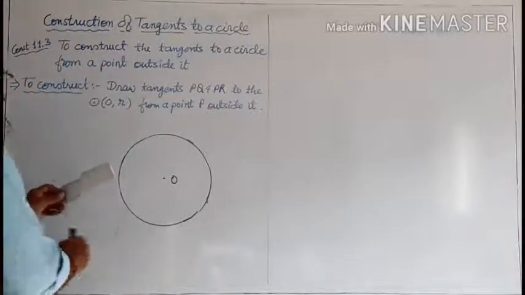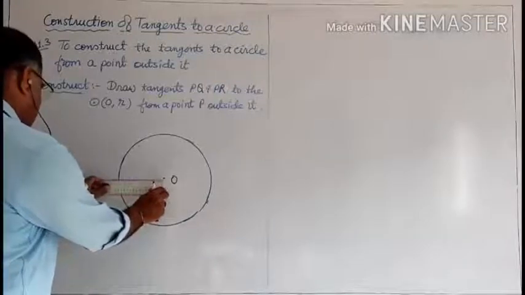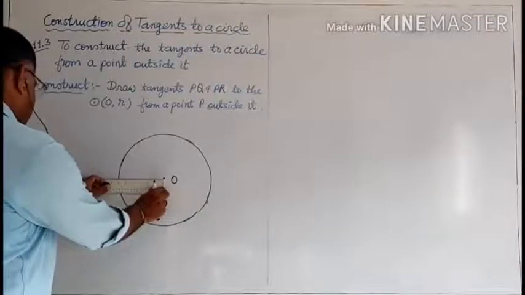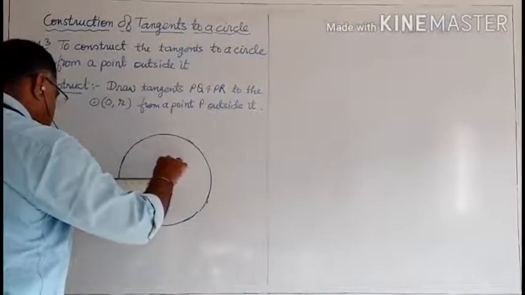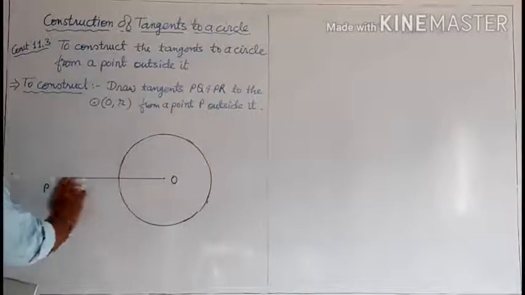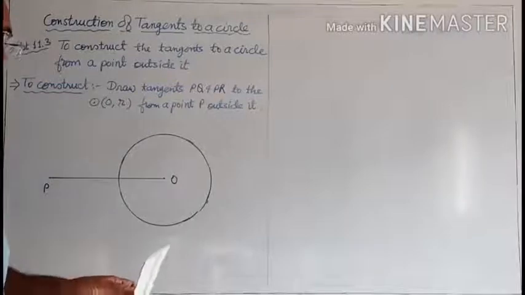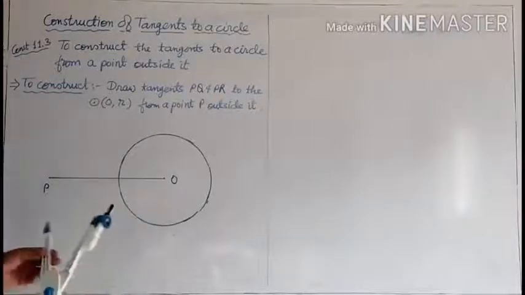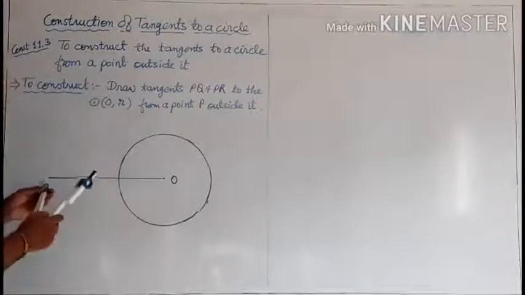So first of all, join OP. Now draw the perpendicular bisector of OP so that we get a midpoint on OP.